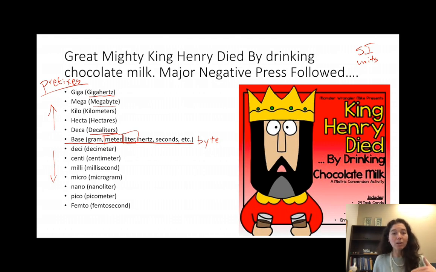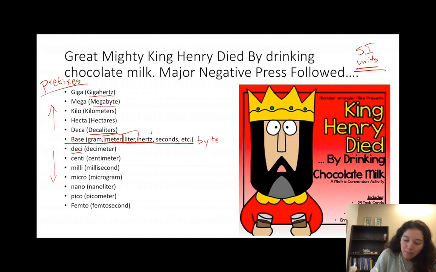Then as you get smaller, we have another unit here. So deci for decimeter, centimeter, even smaller, millimeter or millisecond, even smaller, micro, nano, pico, and then femto is itsy bitsy tiny. So I just wanted to demonstrate to you these. Now each time you go up or down from the base unit, in SI units, you gain a 0.